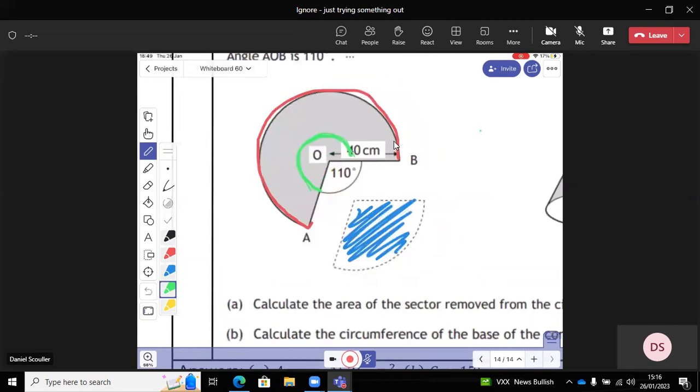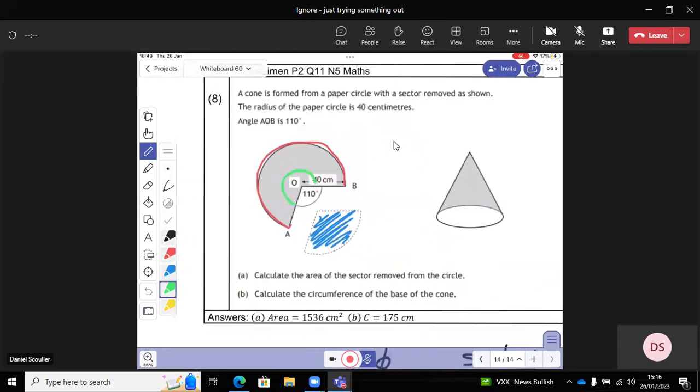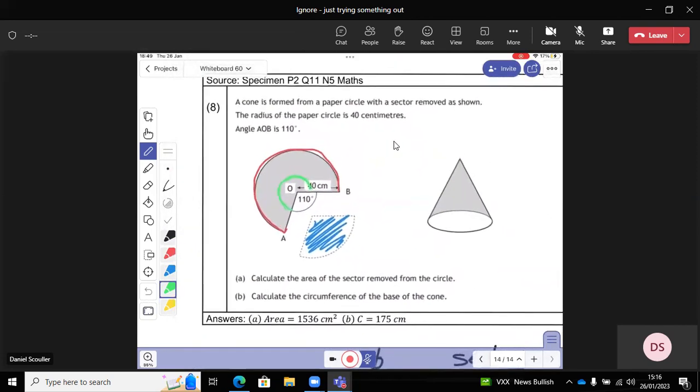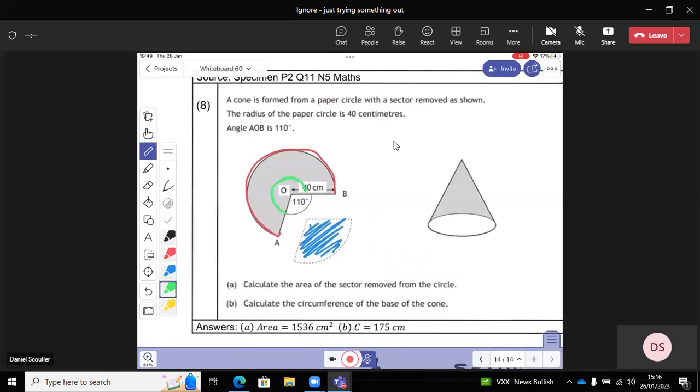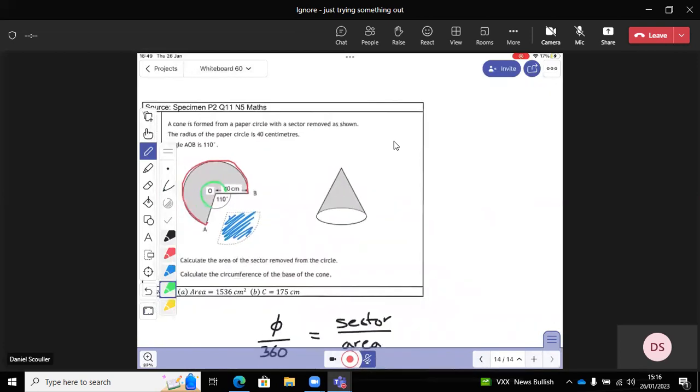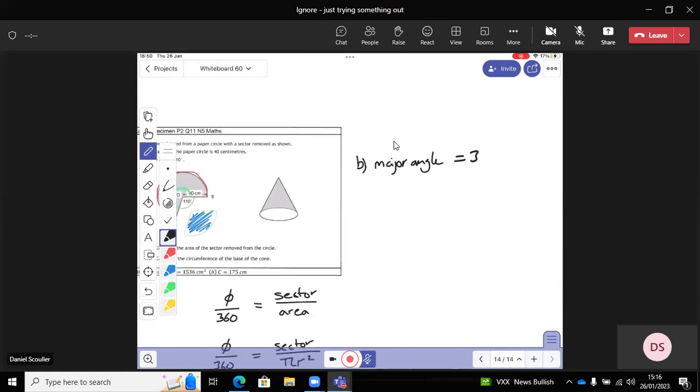Once you've worked that out, that's what they're looking for, it's not too bad. So you can write this a couple of different ways. So part B, your major angle is going to be 360 degrees.